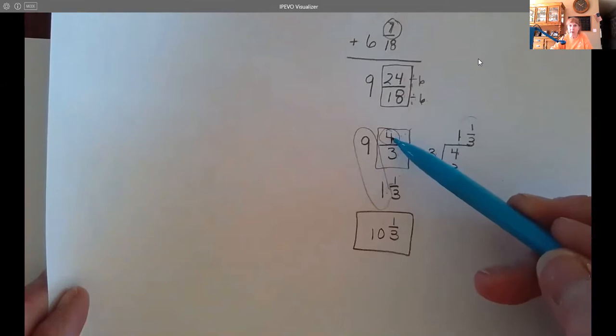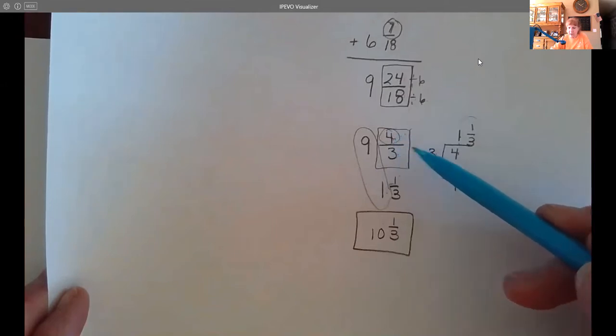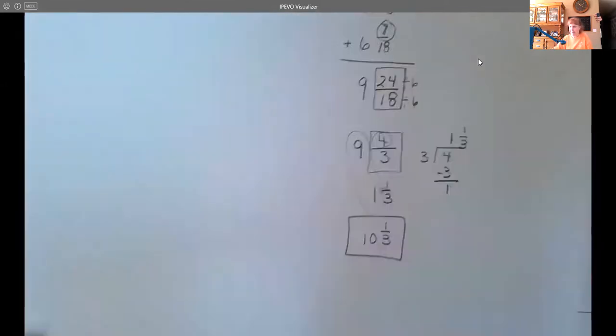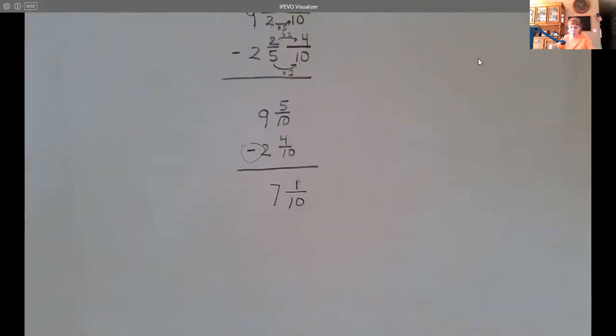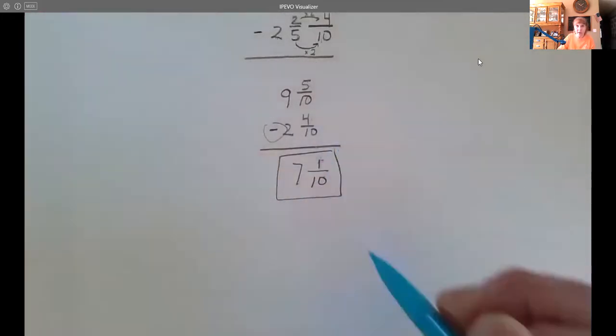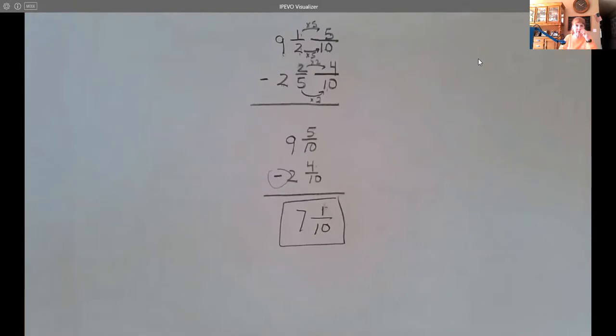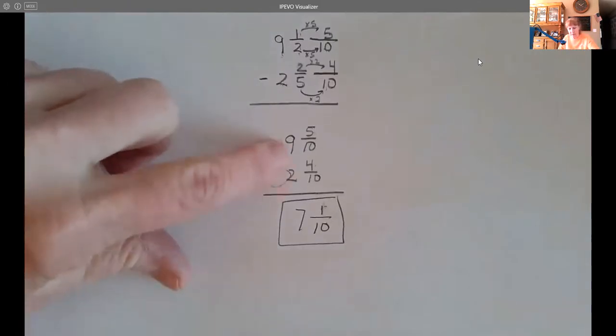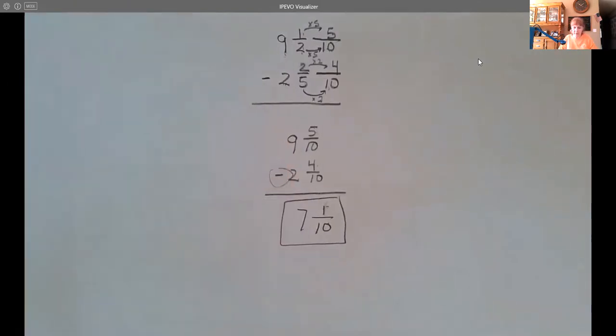It's called an improper fraction. When this is larger, then you have to do this. 1 is not larger than 10. And it can't be reduced and you're done. So you get a common denominator and subtract the numerators rather than add. And then subtract these whole numbers. So 7 and 1/10. Let's do another one.